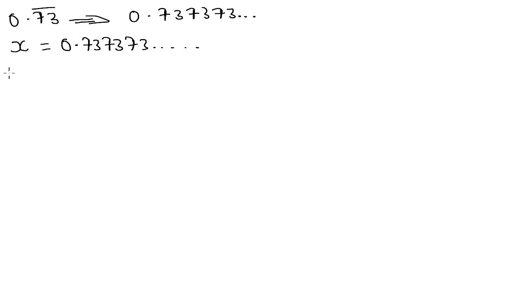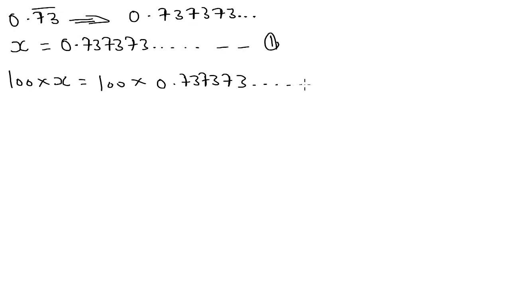So multiplying both sides by 100, we have 100 multiplied by x equal to 100 multiplied by 0.737373 repeating. Perfect. Now let this be our equation 1, and let this be our equation 2.